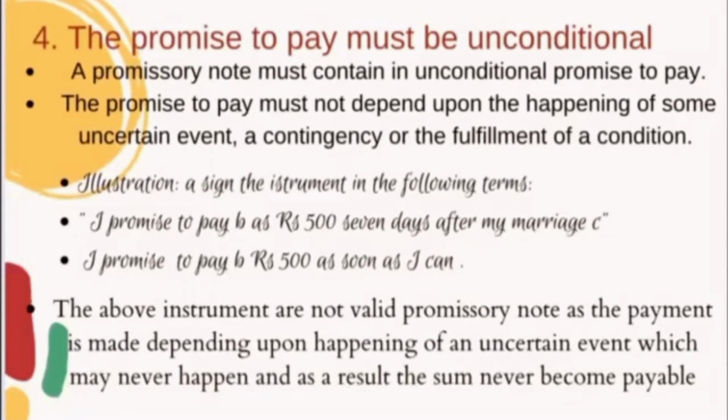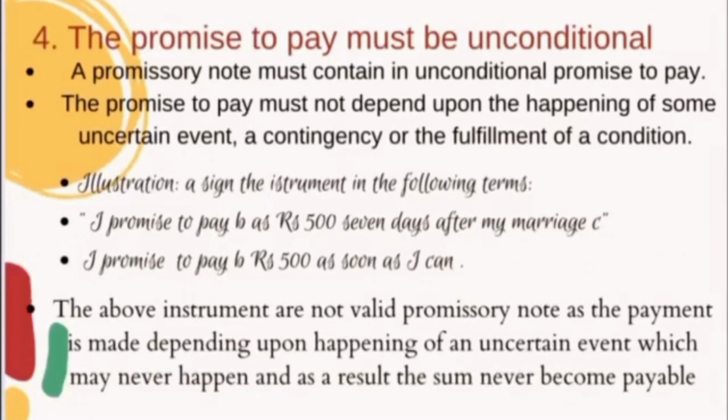The above instruments are not valid promissory notes, as the payment depends upon the happening of uncertain events which may never happen. As a result, the sums never become payable.